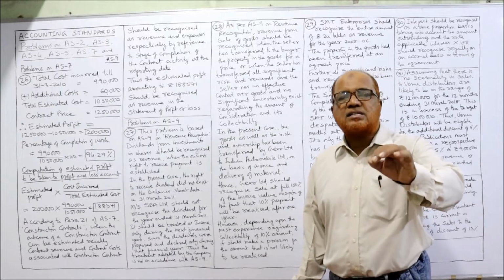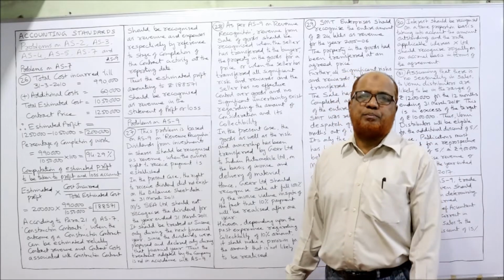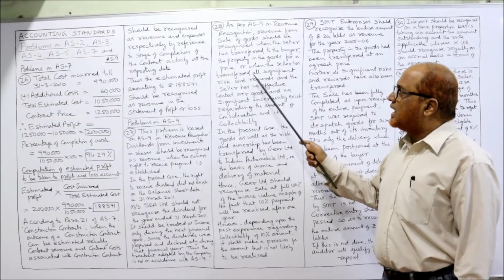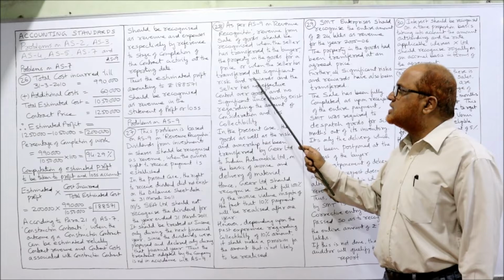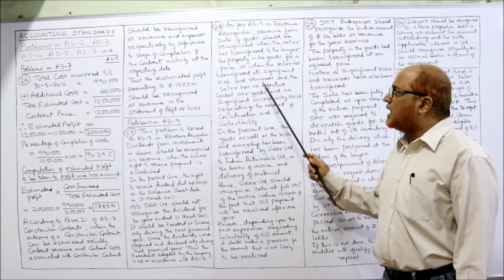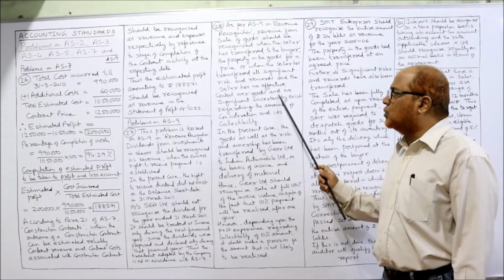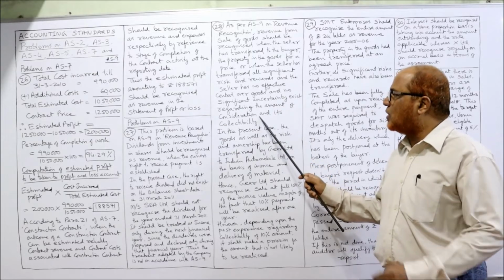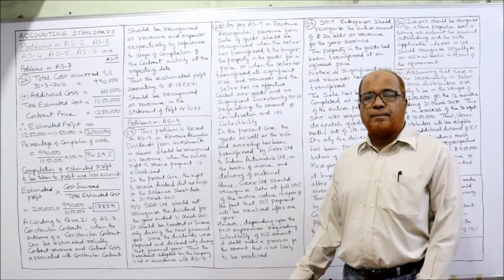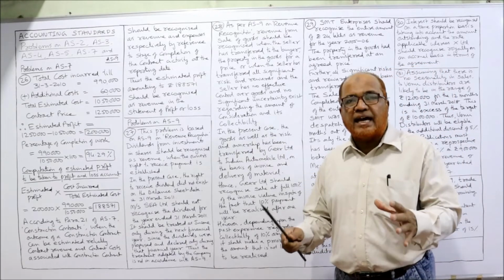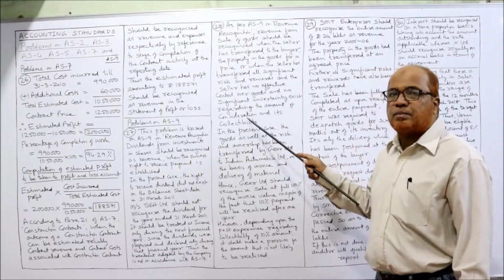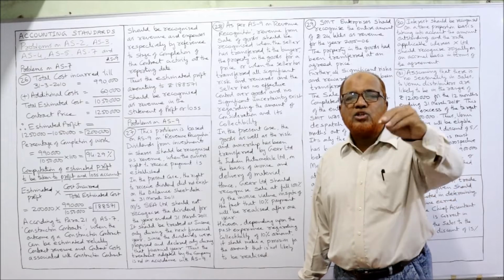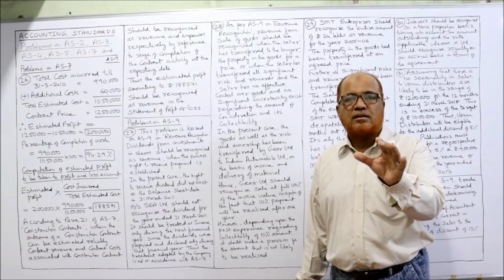When the seller has transferred the property or ownership of goods to the buyer for a price, and has transferred all significant risk and reward, and the seller has no effective control over the goods, and no significant uncertainty exists regarding the amount of consideration and its collectibility. That is what AS 9 says. That means the revenue should be recognized when the ownership is transferred for a price.